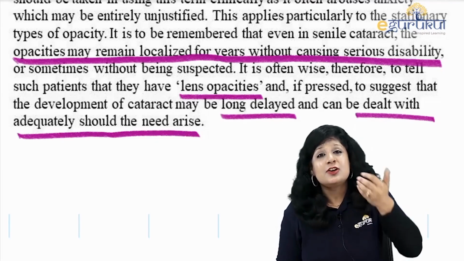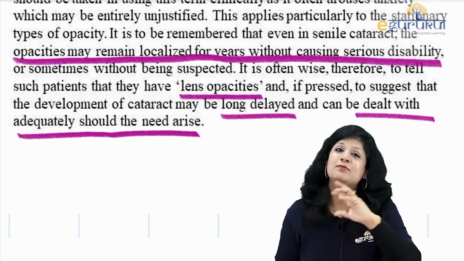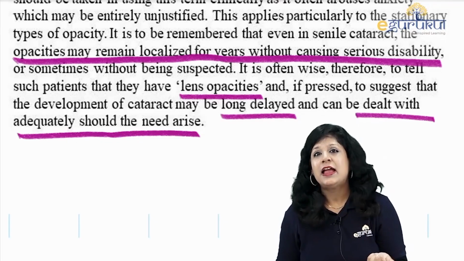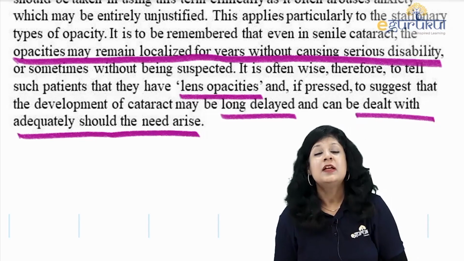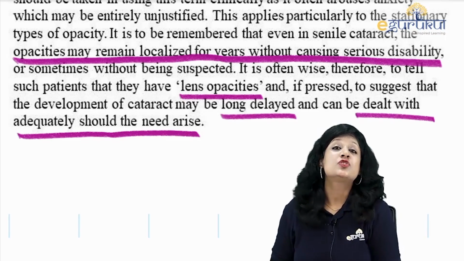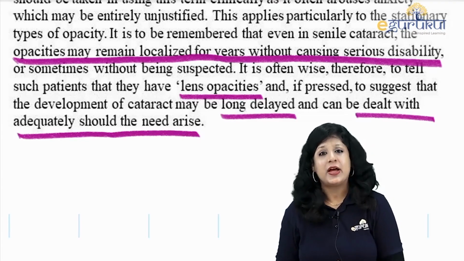So instead of using the word cataract, you can simply say that there is opacity, and if some people are bent upon knowing what the problem is, then also you can say it is just the beginning and nothing to worry.